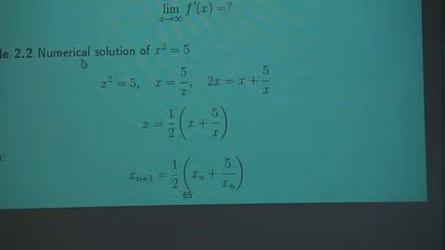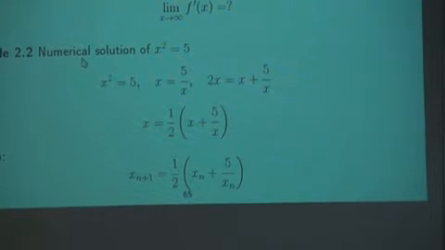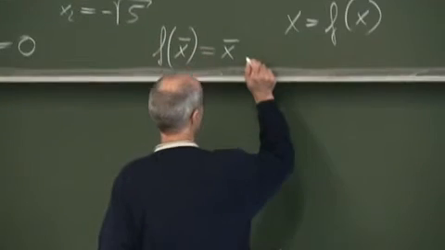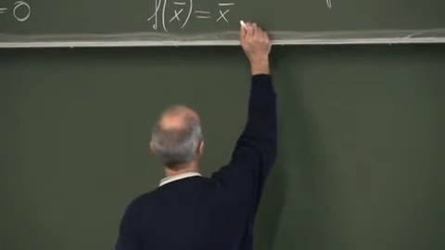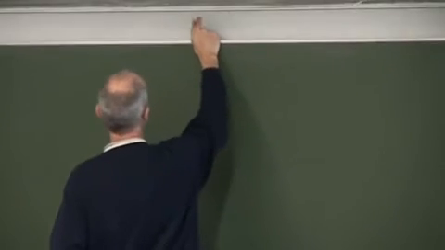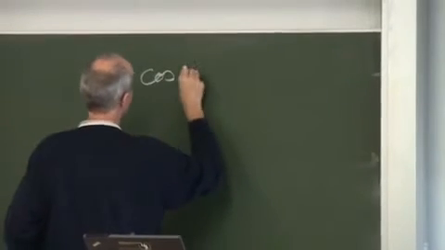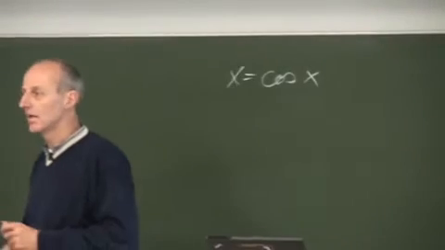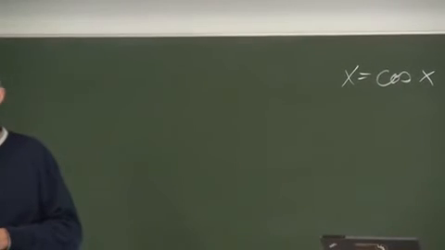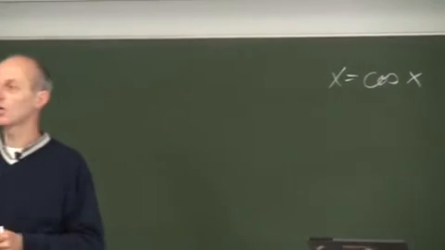Okay. You can do this with many other functions. For example, a nice example which I used to exercise in high school was x equals the cosine of x. Does anybody have a pocket calculator with a cosine key?